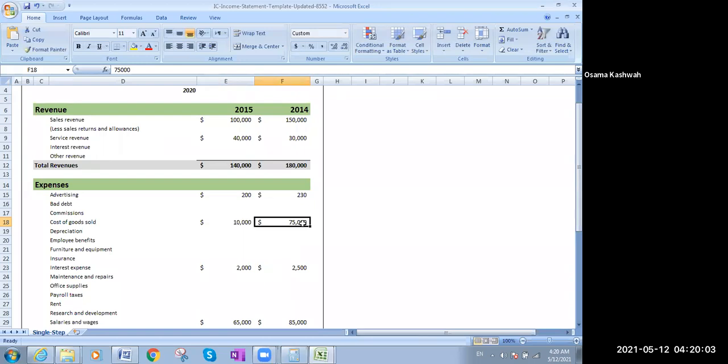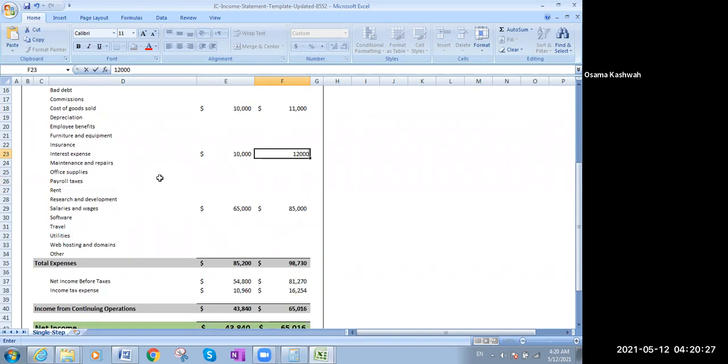And here the cost of goods sold was 11,000. Then let me see about the interest expenses and the maintenance repairs and whatever. If I have any more expenses, like as example, now I will say this 10,000. Of course, I'm trying to simplify the numbers as much as I can, 12,000. So the idea is how to do it.